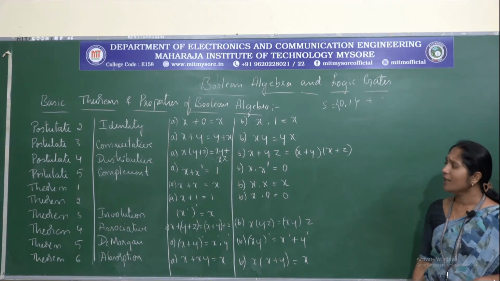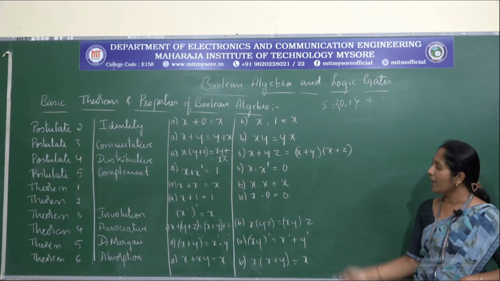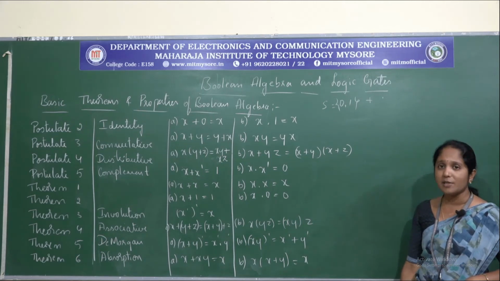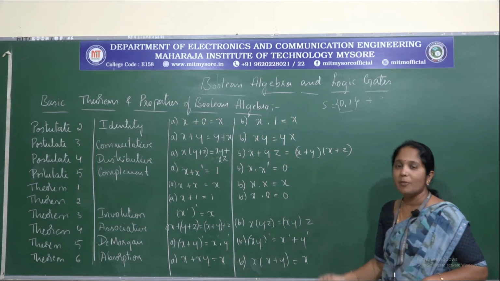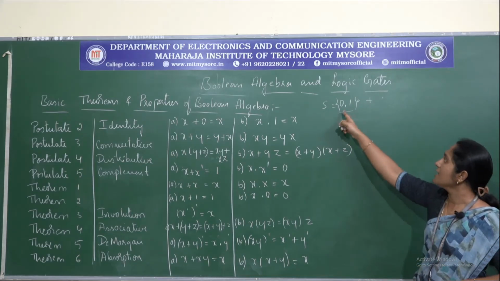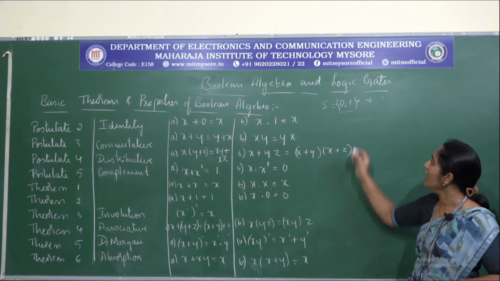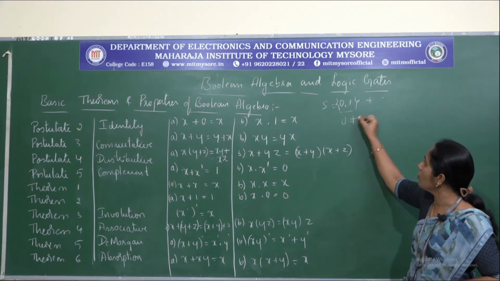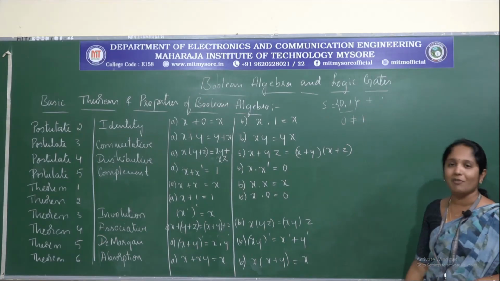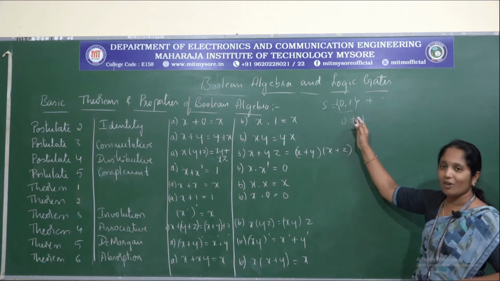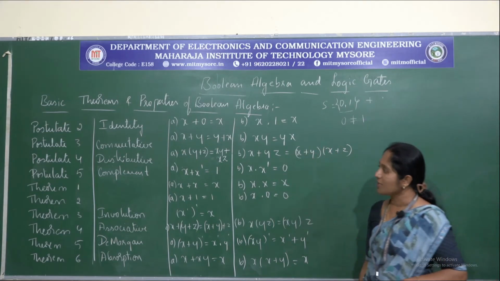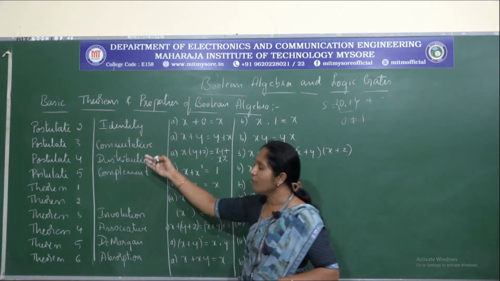The last postulate is that the elements are unique. Since we have only two elements 0 and 1, and 0 is not equal to 1, postulate 6 is also satisfied by default. So these two are not considered, and only the 4 postulates 2, 3, 4 and 5 are considered.